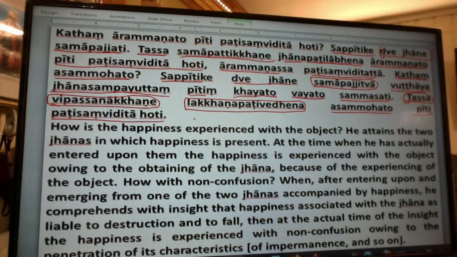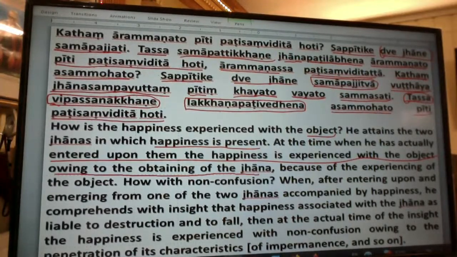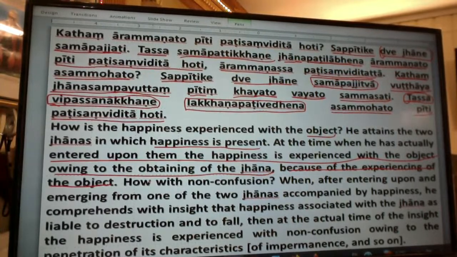Okay. So here the English translation: how is the happiness experienced with the object, the meditation object? The meditator attains the two jhana in which happiness is present. At the time when he has actually entered upon them, happiness is experienced owing to obtaining the jhana, because of the experiencing of the object. So this is arammanato. And then how with no confusion, asammohato?